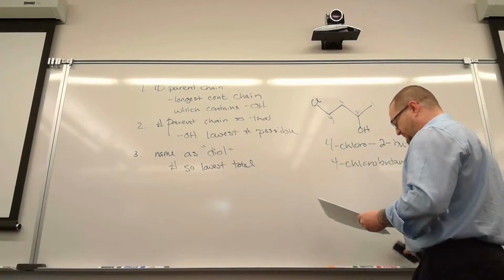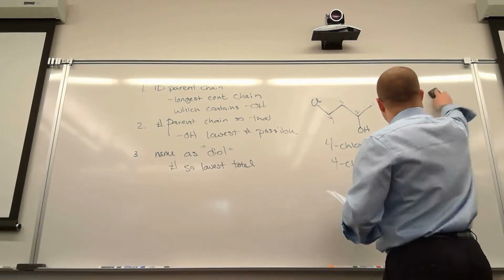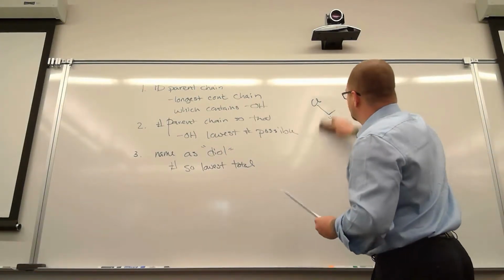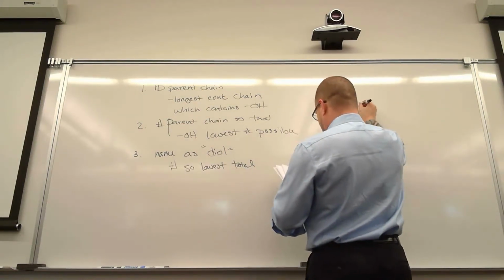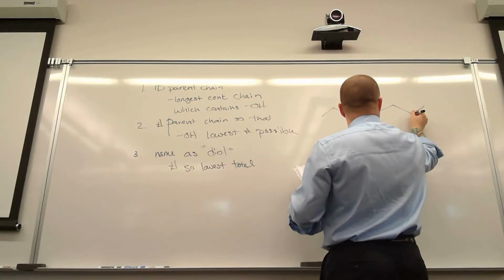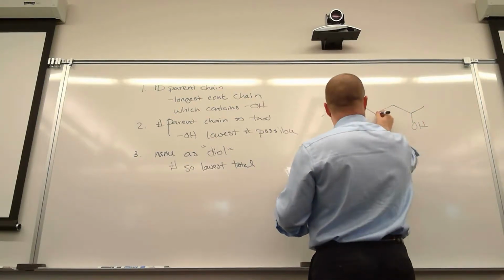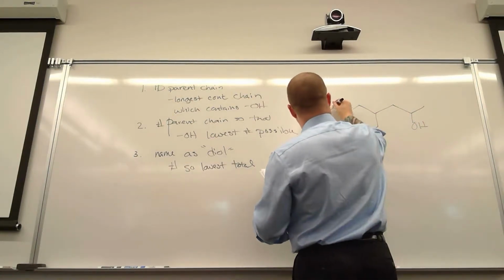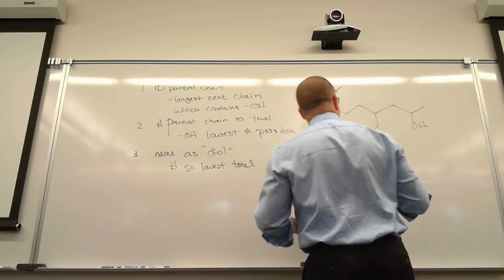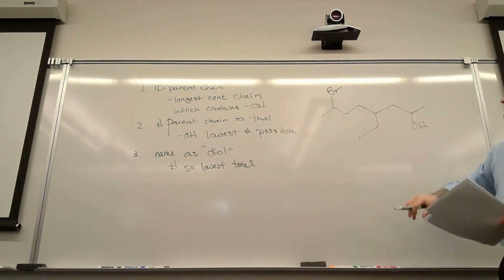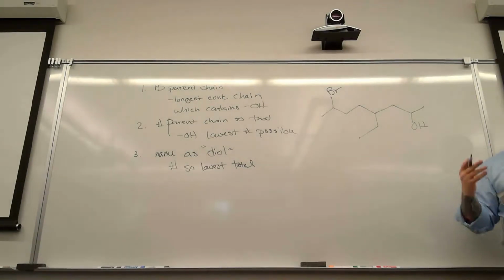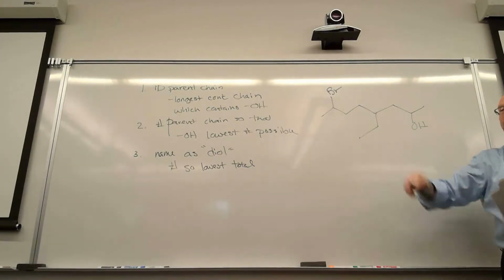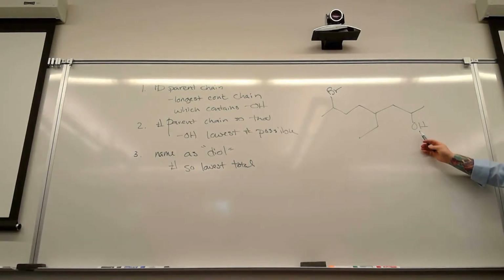So let's do one of those. So now we have an alkyl group, a halogen, and a hydroxyl group. These are both substituents. That's a functional group.